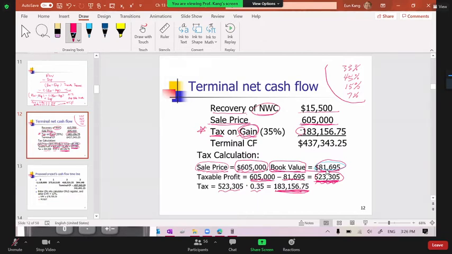Nothing. Tax is zero. Check. No profit, no loss. Tax will be zero.